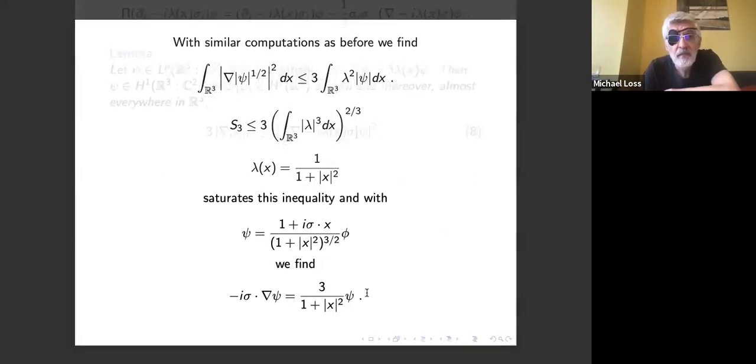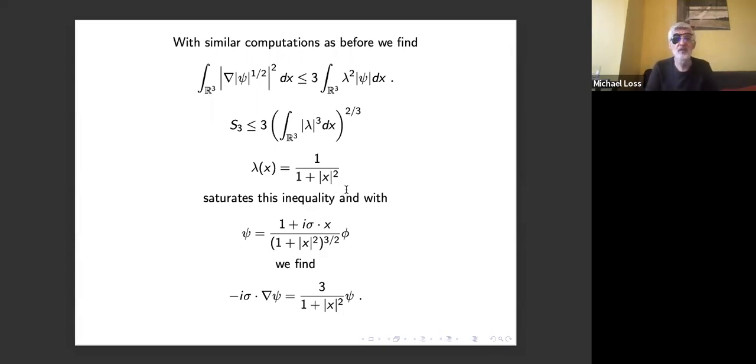You look at an inequality for the modulus of psi to the power 1/2. So you work yourself through in a similar way as we did before. You get to this, and then you use the Hölder inequality, and you see right away that this function saturates this inequality with this spinor. Yeah, here I wrote it. Okay, it's a simple computation.